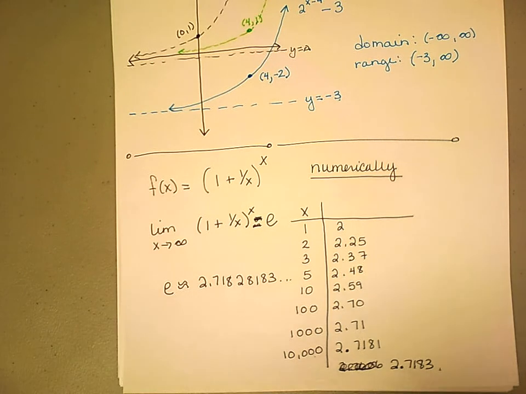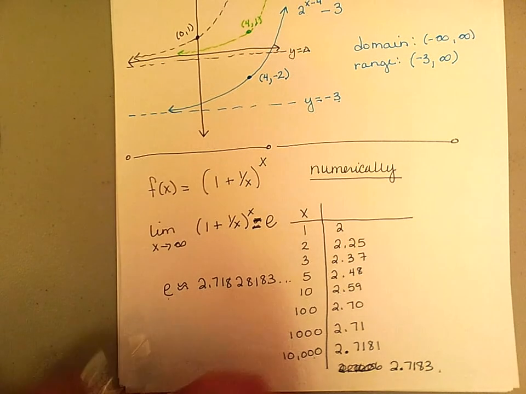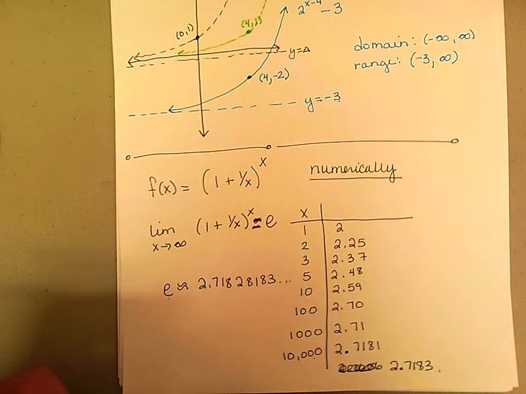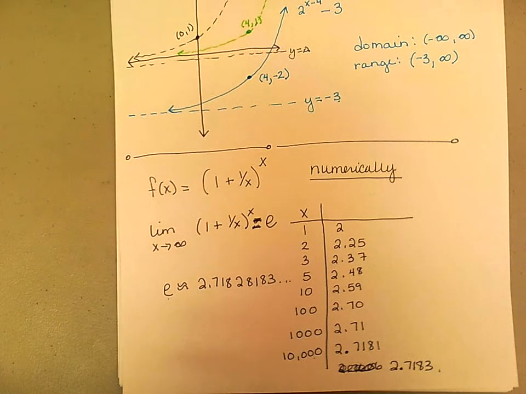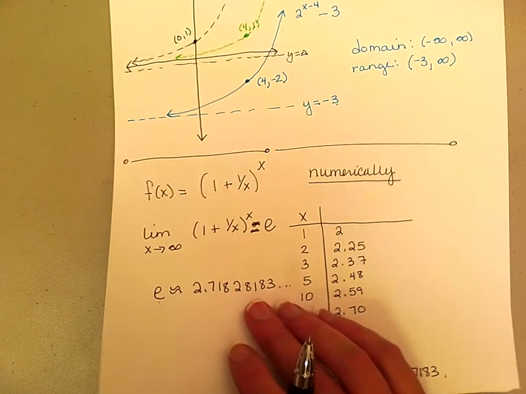Alright, so now this number, e, occurs many, many times in nature and even in applications of banking and such. And this is another reason why we work with e. It's attributed to Leonhard Euler. So you'll see this in your biology classes and chemistry classes as well.